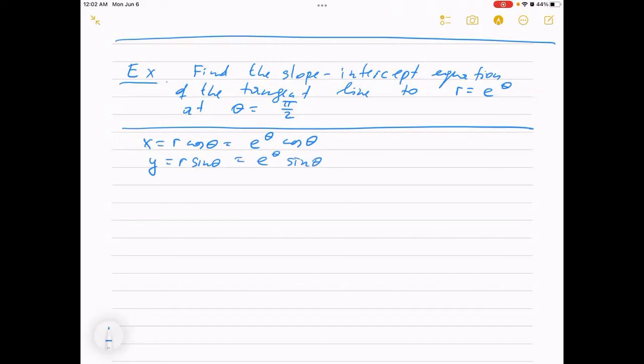We treat x and y as a parametric function, both dependent on the parameter theta. When theta equals pi over 2, x is equal to cosine of pi over 2, which is 0. And y is equal to e to the pi over 2. That's a point.